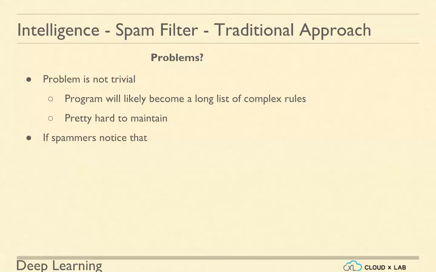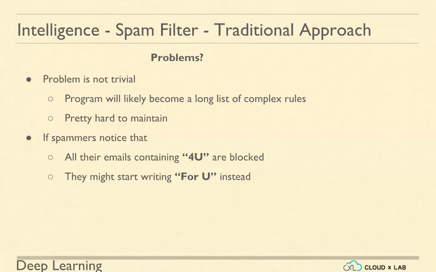And once spammers notice that you have created a rule which says that emails containing "for you" should be blocked, they will write "FOR space U" instead of numeric "4 U".